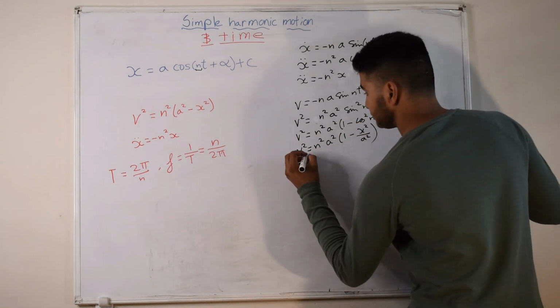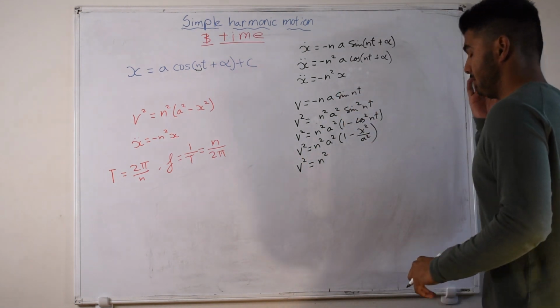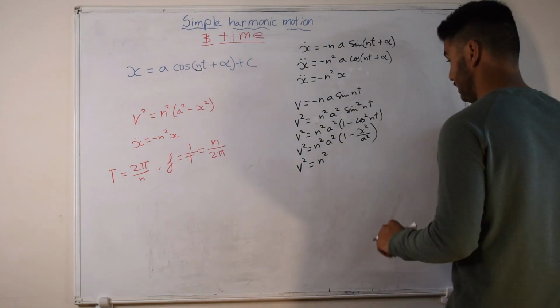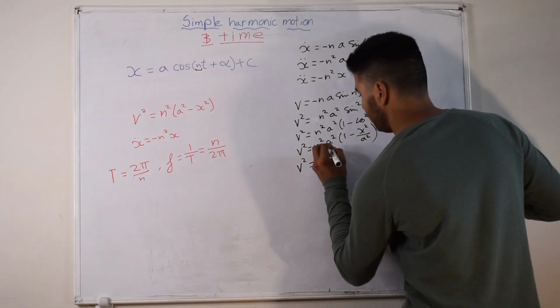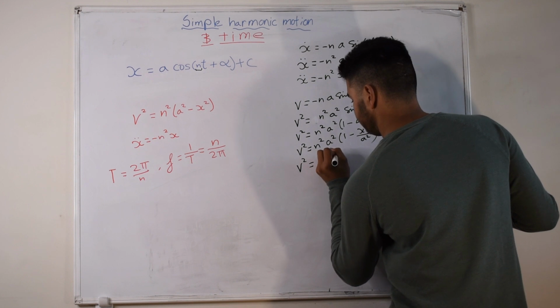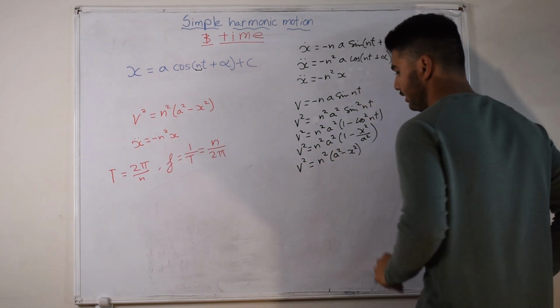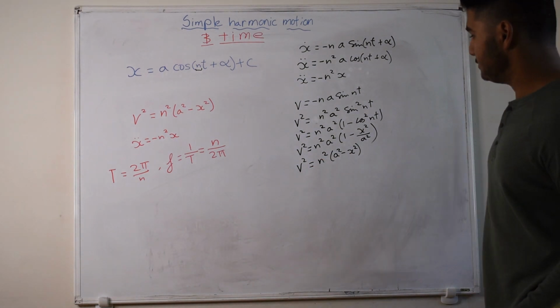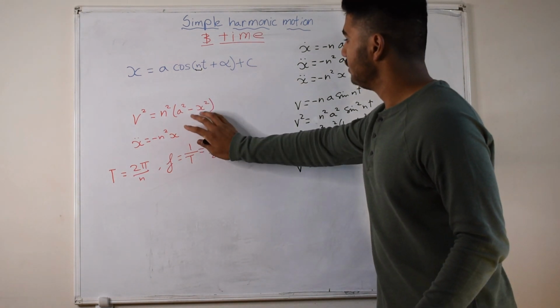Next step, v squared equals n squared (a squared minus x squared) all upon a squared, the a squared goes, which then gives me a squared minus x squared. So this is what this gives me over here, which is relevant to this equation over here.